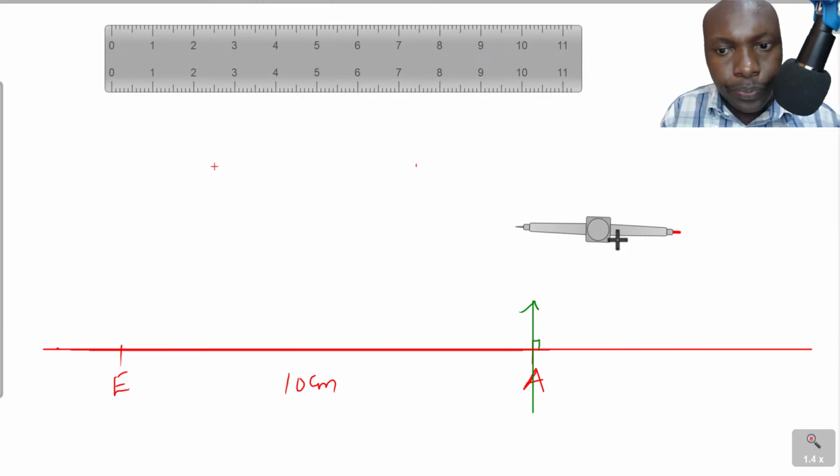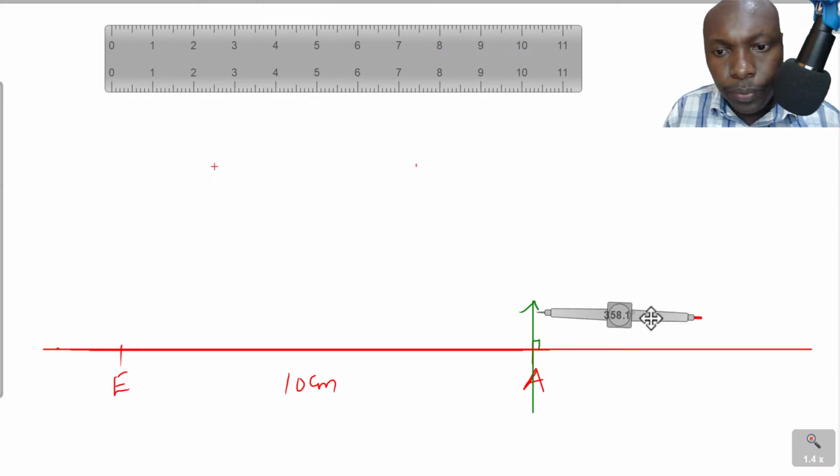Extend it. So 60 degrees. This is how you construct 60 degrees. Like that.